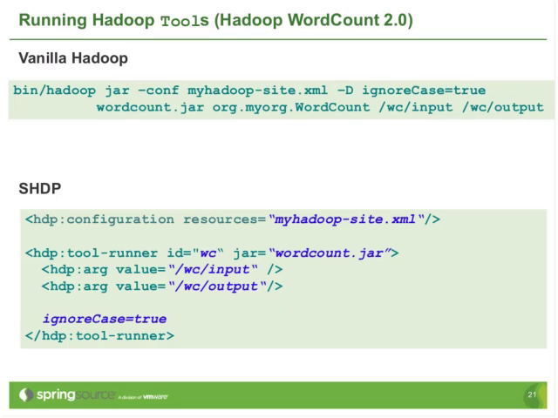The workflow for vanilla Hadoop is the same. You have bin hadoop, the command line, start jar, point to your jar, specify the word count, the input and the output, and then you specify the parameters.